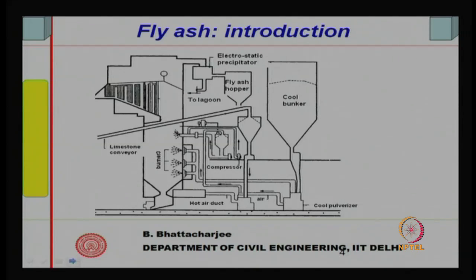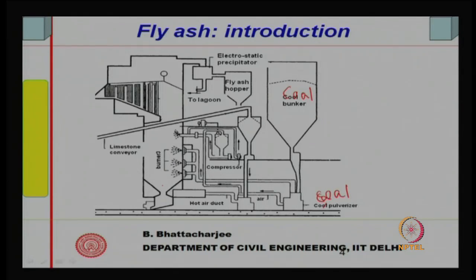Now, this shows the fly ash production again. You see, this is the coal bunker, from where it comes to the coal pulverizer, and then this pulverized coal is put into the burning process or furnace, from where the flue gases are generated.